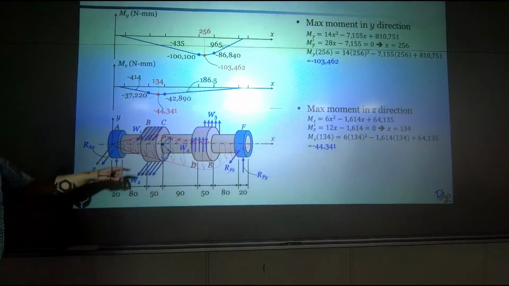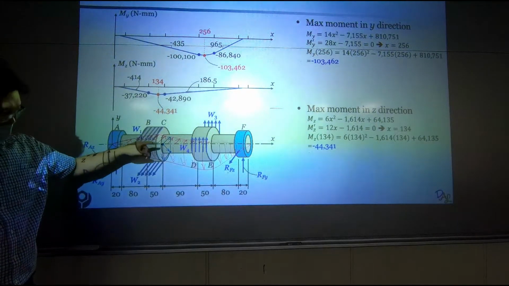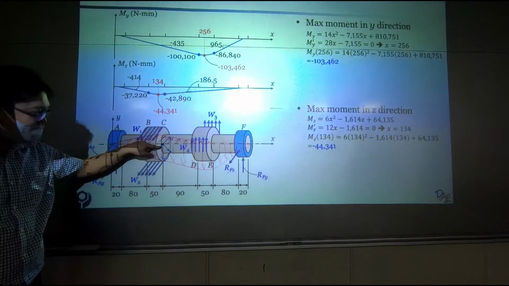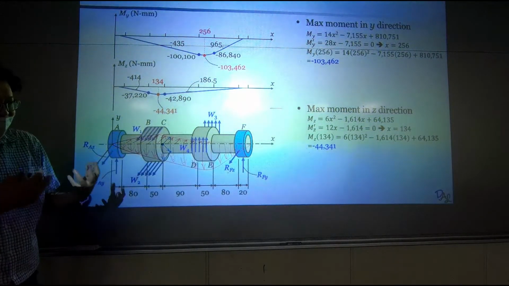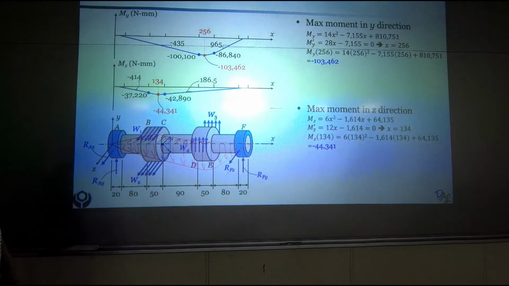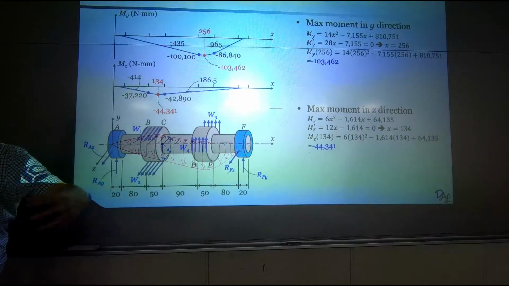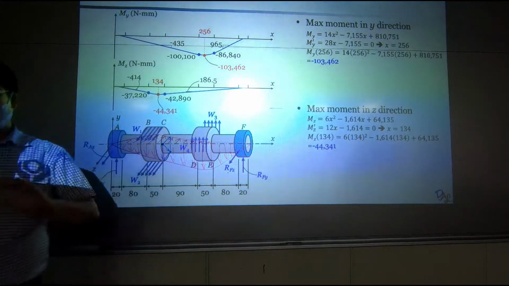So this sum of bending moment vectors will tell you where exactly this point is being bended and what's the magnitude of that bending moment. Okay, so you'll realize this shaft is being bended along different directions everywhere.